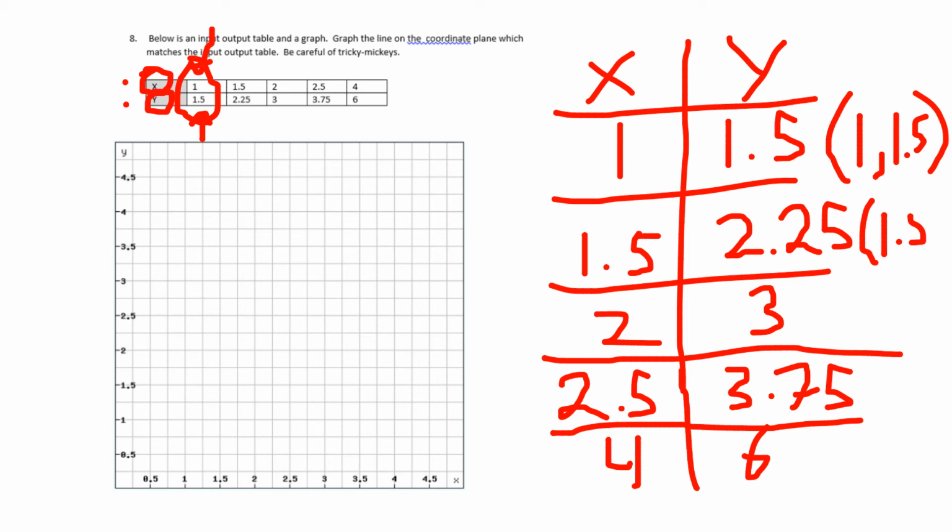It says graph the line on the coordinate pair which matches the input-output table. So first of all, I'm going to start at my origin, which is 0, 0. I'm going to go to 1. Let me just move this up ever so slightly to help us out.